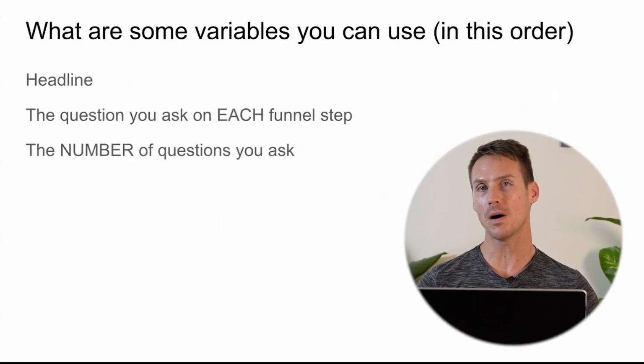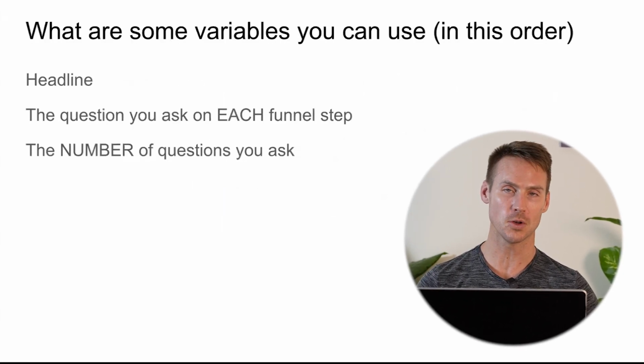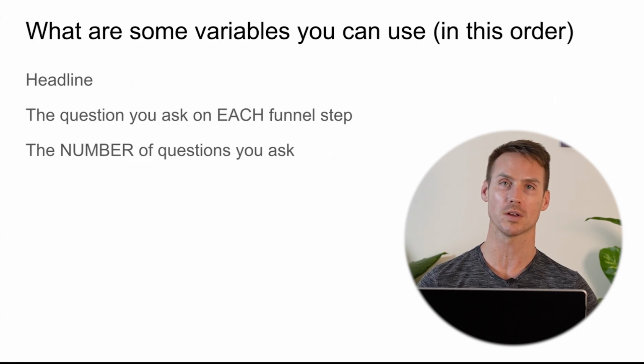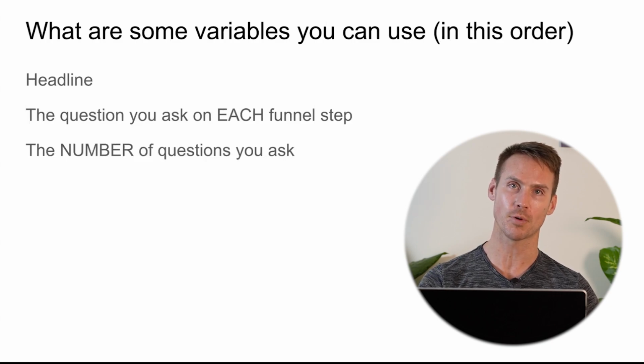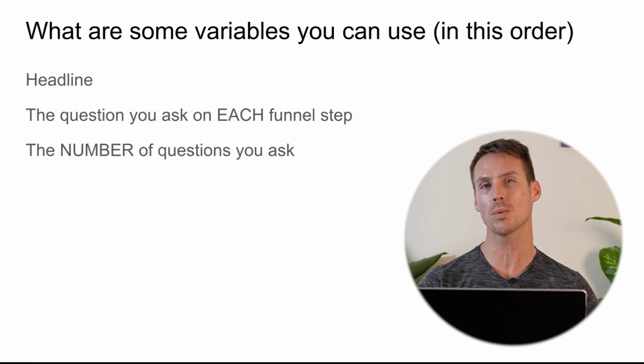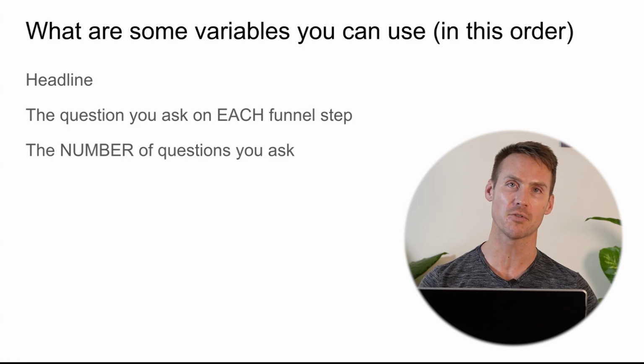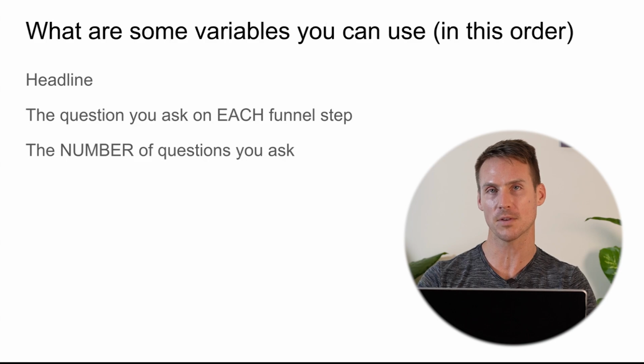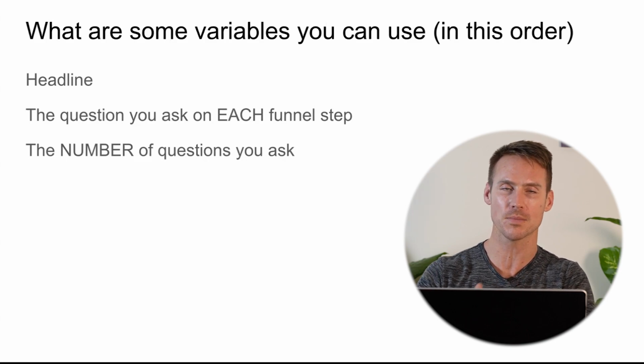So what are some of the variables that we use? I'm going to break these down for you one at a time and give you some real examples. More importantly, these are in the exact order of priority and focus that we put, so this is where we find the biggest leverage will come from. First is going to be the headline, what they actually see on the landing page. The second is the question you ask through each step of the funnel, or how you take them through the funnel.